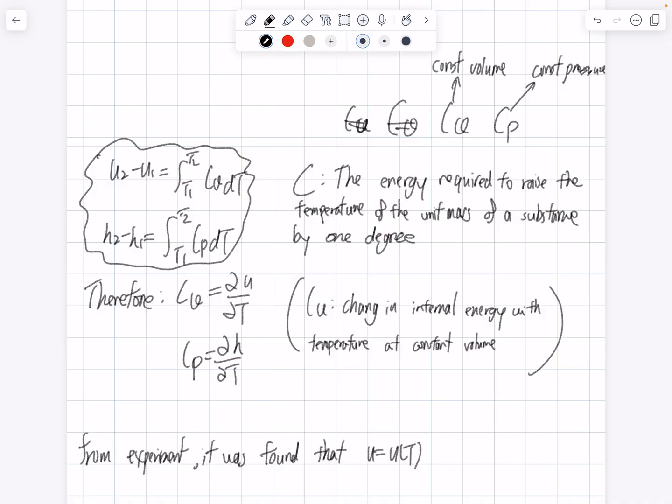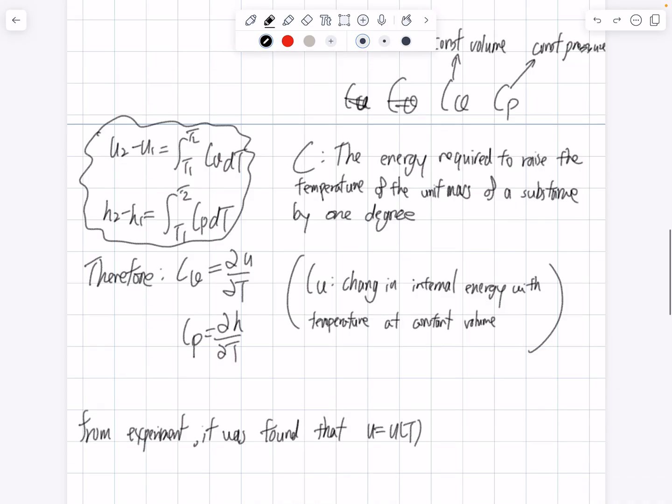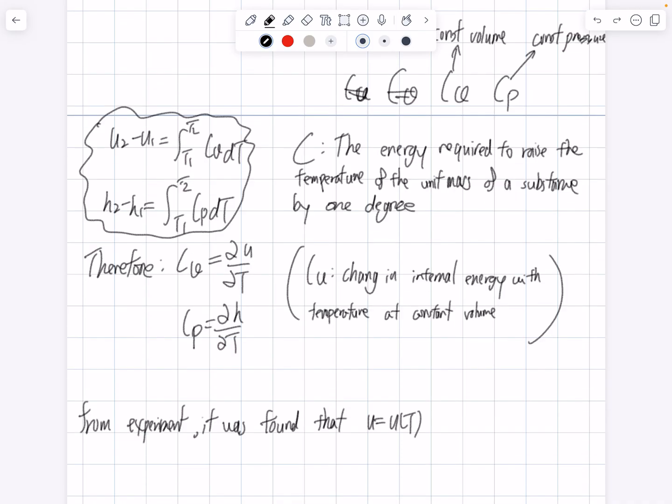And the end formula is this right here and this right here, and I'm going to derive it. So this right here is based on definition.